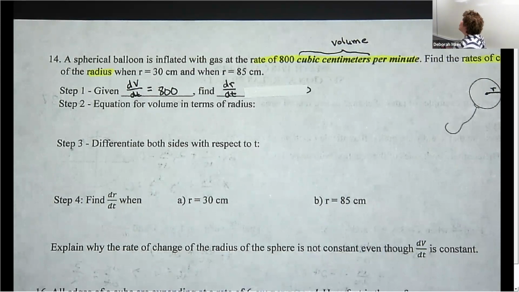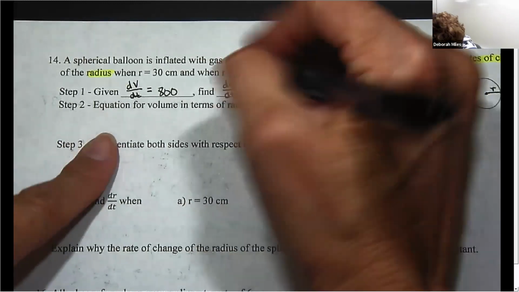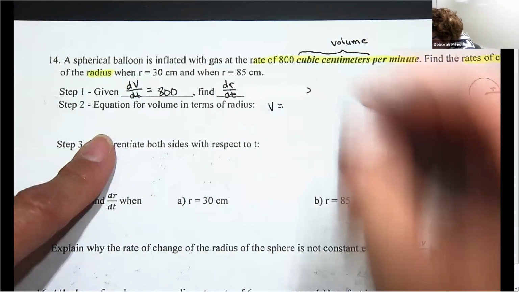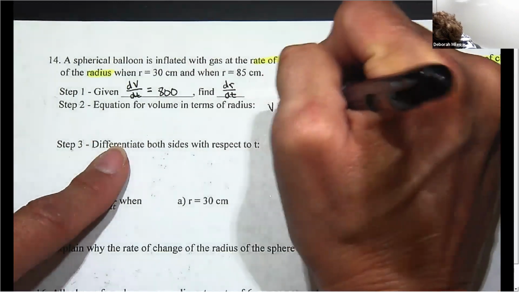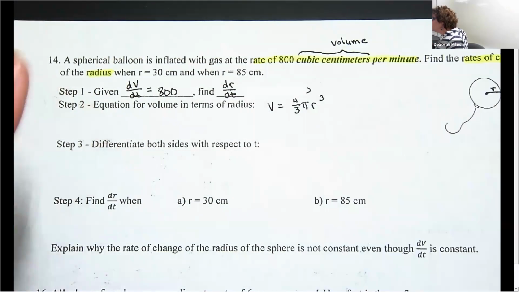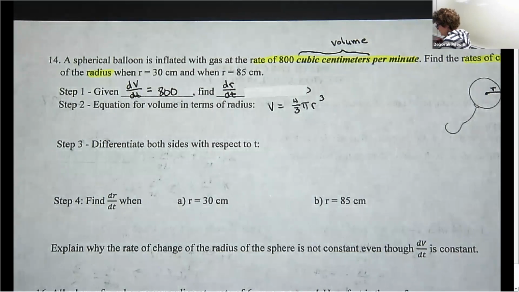Okay, the sentence I started and then forgot to finish was, there are certain formulas I expect you to know, but there are certain formulas you don't have to walk around with in your head at all times. I would give it to you if you needed it on a test. I happen to know, because I've used it for so long, that volume equals 4/3 pi r cubed. Any formula you need will be on the front or back cover of your book, or you can Google it. But on the test, I would give that to you. You don't have to memorize volume of a sphere.